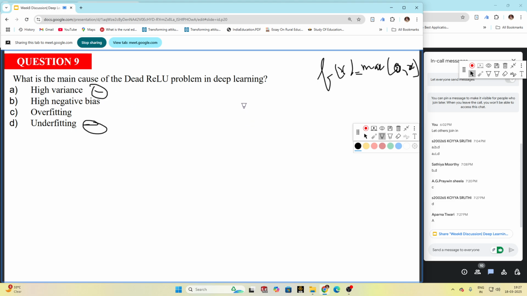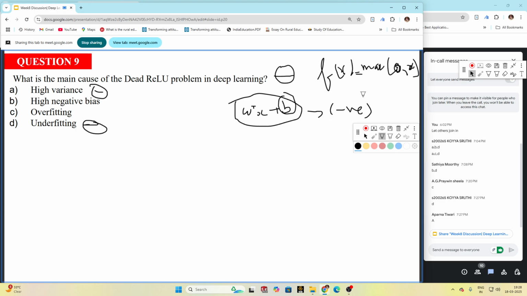Negative bias, because what you are doing in a neural network is w^T x + b. Whenever you want to calculate the pre-activation input of the neuron, you are doing this w^T x + b. Now if this bias is highly negative, it will always give a negative pre-activation input to the neuron.